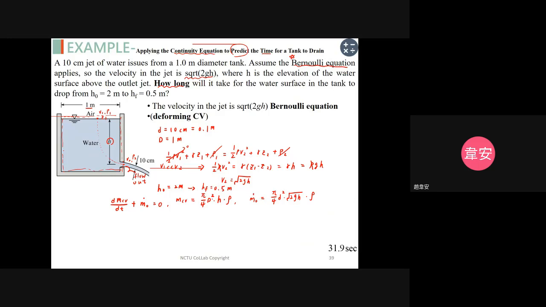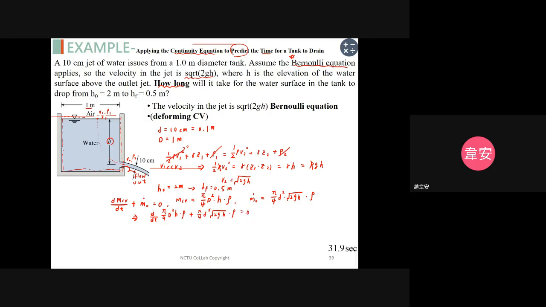Okay, so we put the two equations' results back into the continuity equation in here. So we know that d/dt of 4 over pi D squared h multiplied by rho, plus 4 over pi d squared times the root of 2gh times rho, is equal to 0, right?